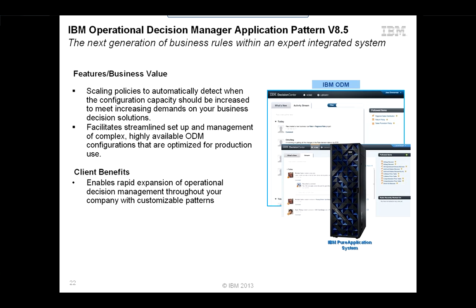A COBOL copybook is a piece of code that historically has been used to maintain a consistent data layout between programs, and tools with IBM for System Z allow these data descriptions to be imported into ODM.